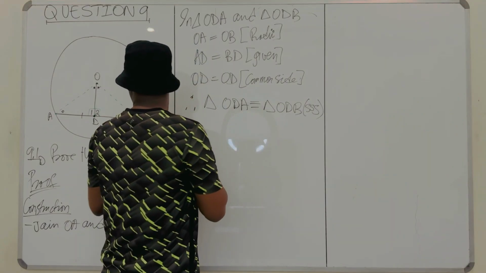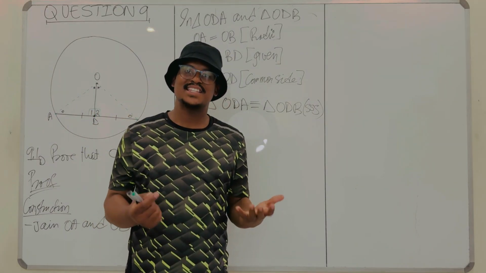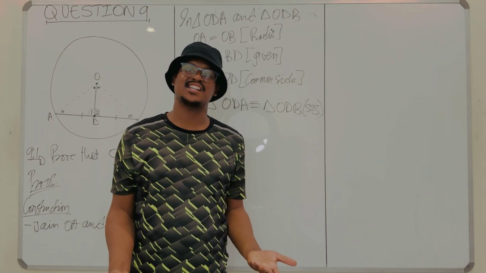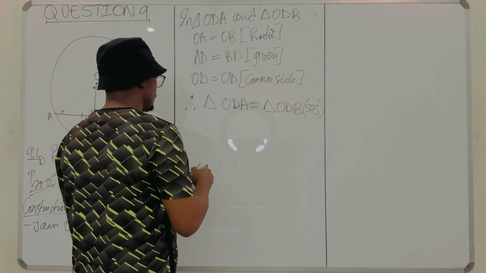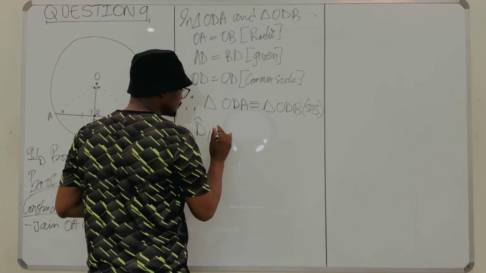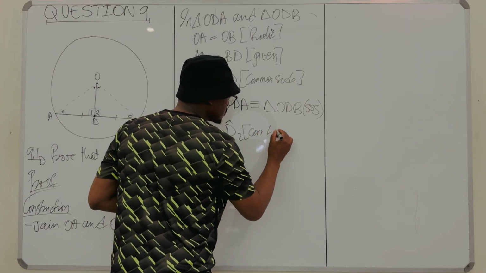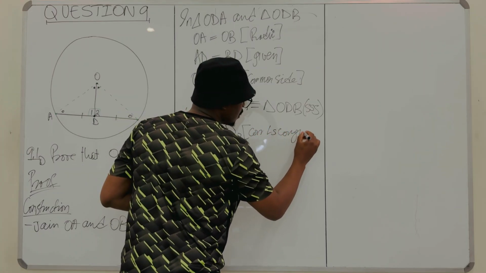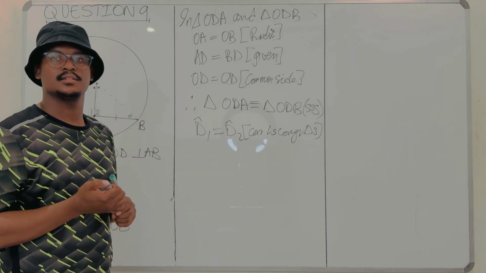So my angle D1 is equal to angle D2. Why? Because those are corresponding angles of congruent triangles, which is, these are identical angles of congruent triangles.